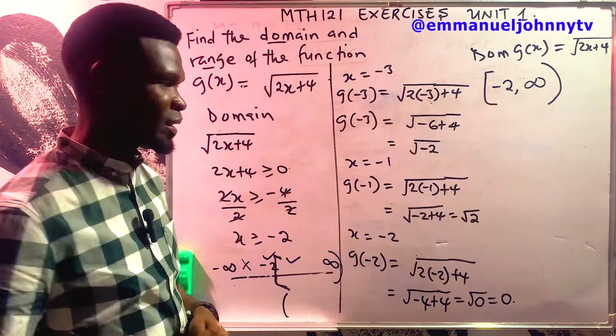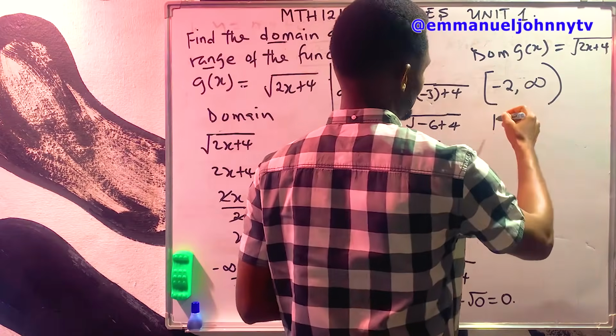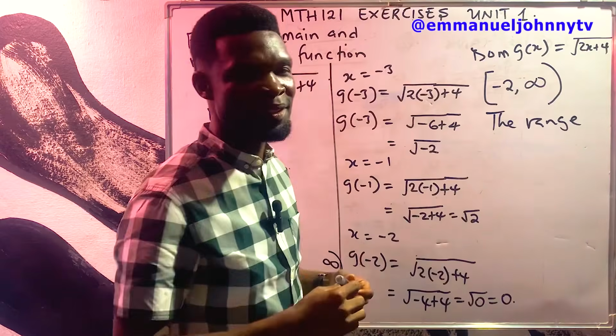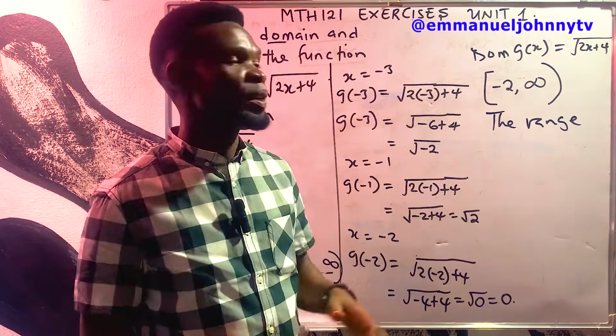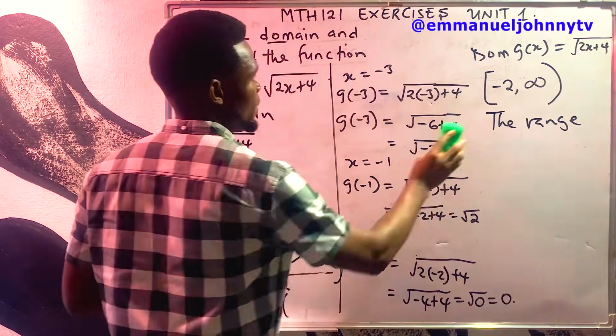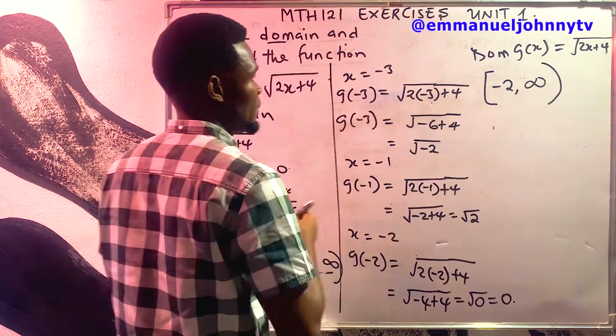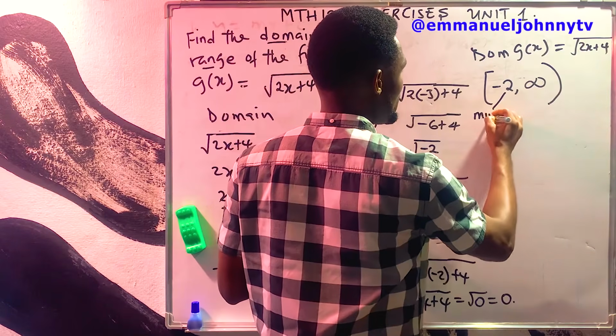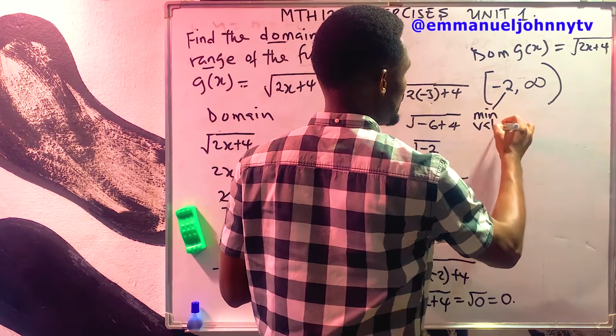So how do you do that? The range now is what we want to find. In getting the range of a root function, this is what you do. From the domain, this first value here is the minimum value.